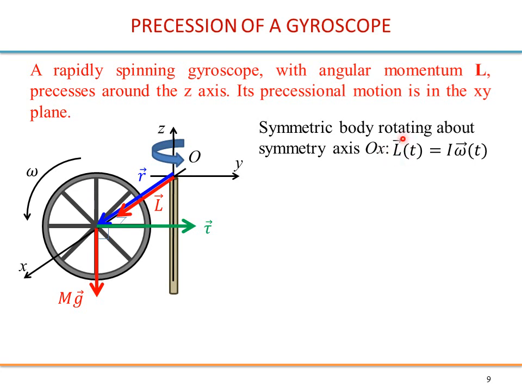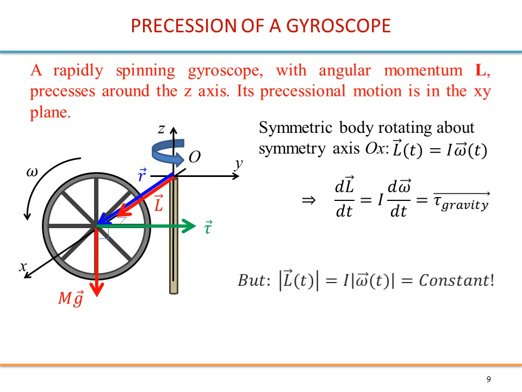This angular momentum is L equal I omega. If we take the derivative of this, it is I d omega/dt equal the torque due to gravity. Omega is constant, and let's say there is no friction. So this means that I omega is constant in magnitude, and L is constant.